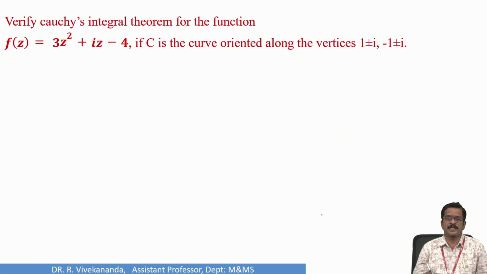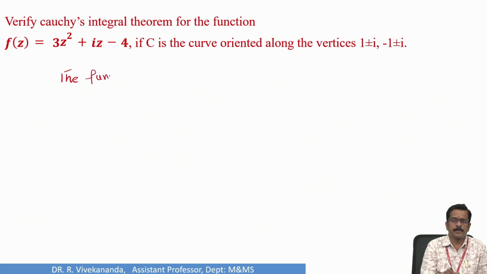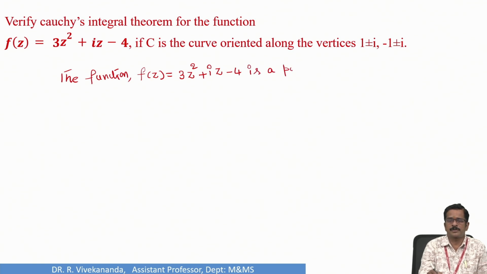Now verify Cauchy's integral theorem for the function. The given function f of z equals 3z square plus iz minus 4 is a polynomial function in z.